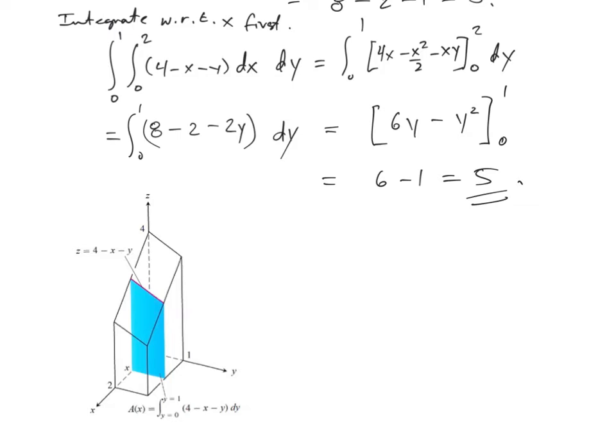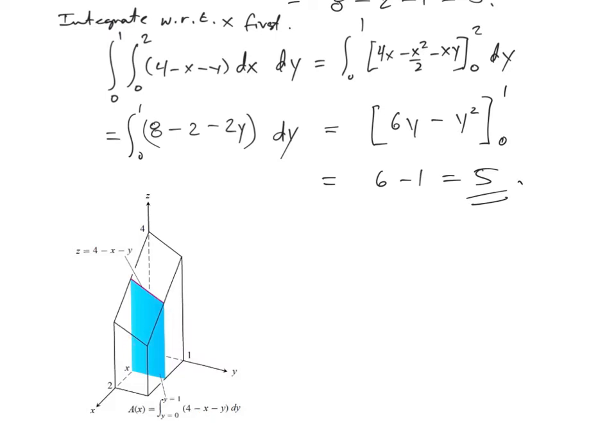But in this case, we are integrating with respect to y first. So if we integrate with respect to y, we choose some x value and hold it constant there, and we integrate in the y direction, which is the same as finding the area under this curve. And that curve is the function I'm integrating, okay? 4 minus x minus y, right?